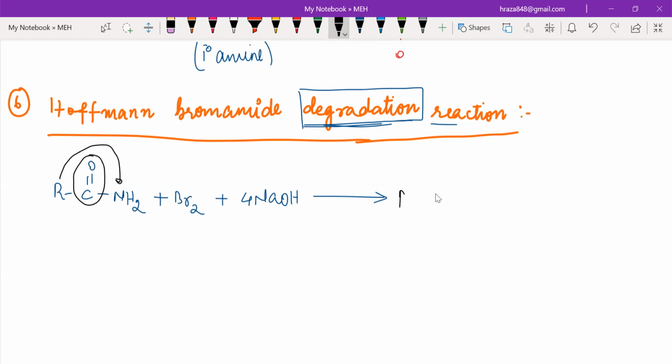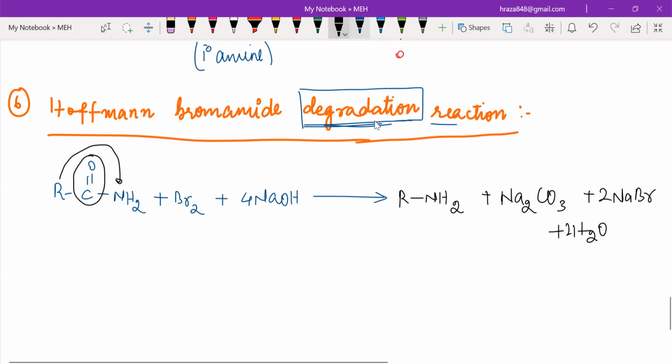And one carbon that is present in the reactant will come with this and form Na2CO3 along with this part. Degradation is because the number of carbon in the main product will always be lesser by one than in the reactant. Okay.